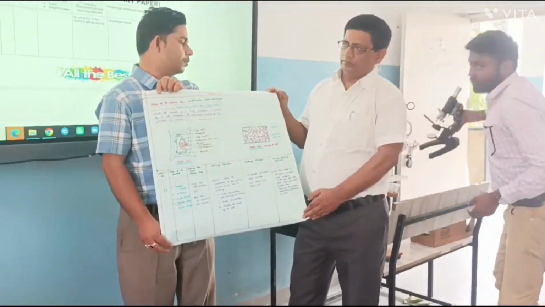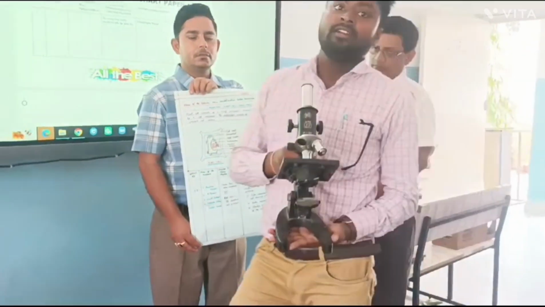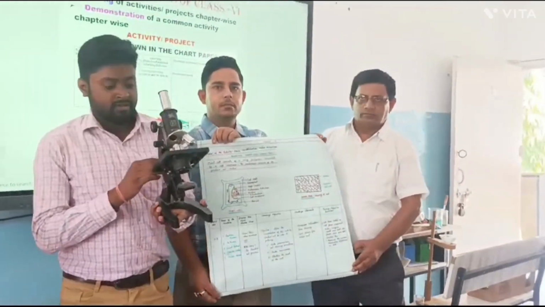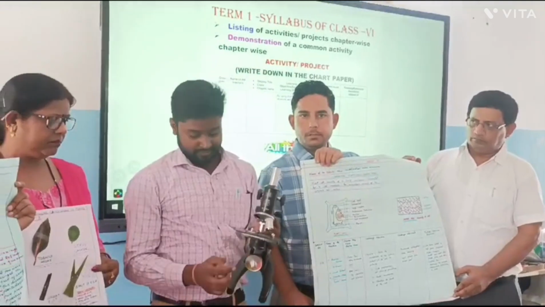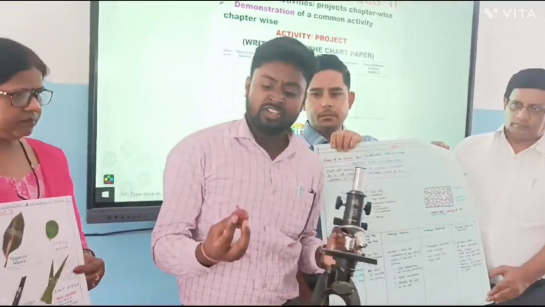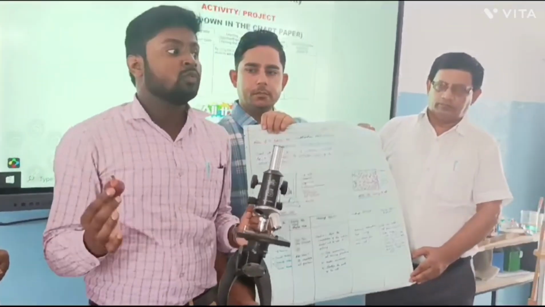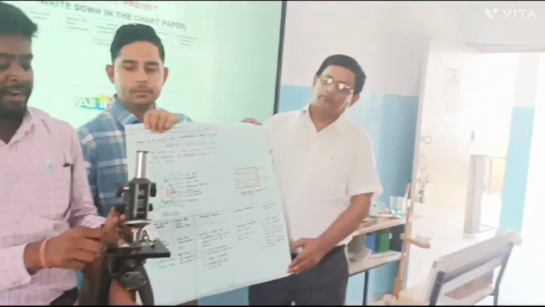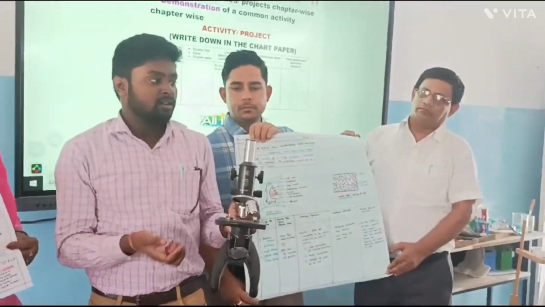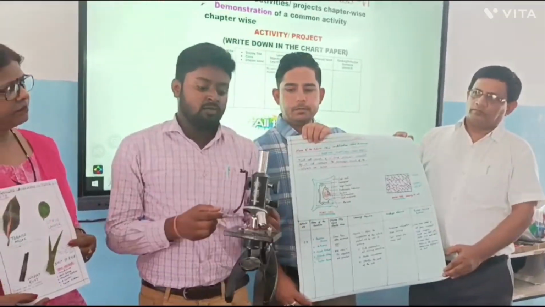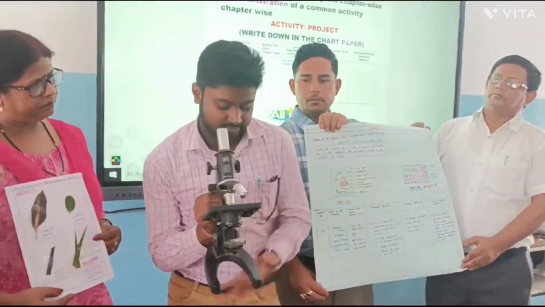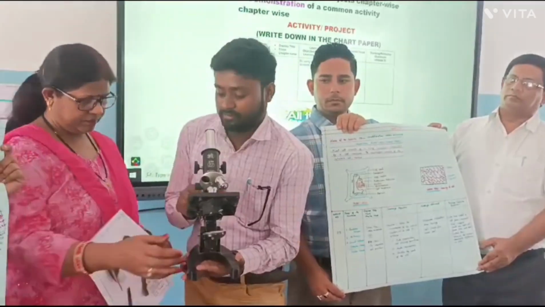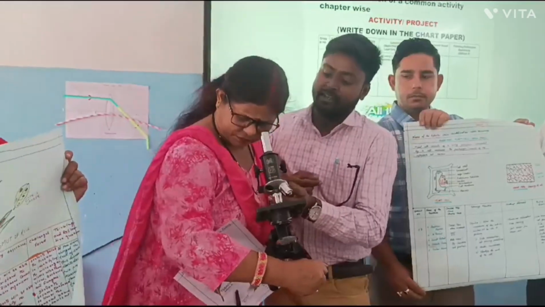Here, we have already prepared a temporary slide of onion peel. This one is onion. From this, we have already prepared the onion peel slide, and we observe, as you see over here, the cell, the structure of the cell.